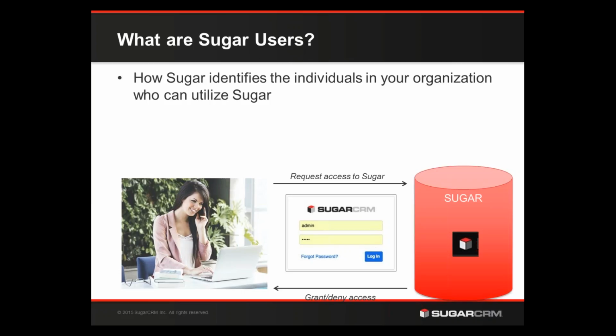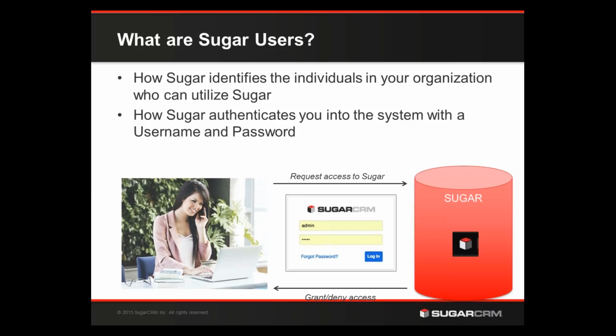Everybody else in your organization is not going to be a user in Sugar. All right. They may be affected by it or be able to see some type of report that's sent to them via email, but they won't be able to actually log on, because a user is how Sugar authenticates that person in the system with a username and password.